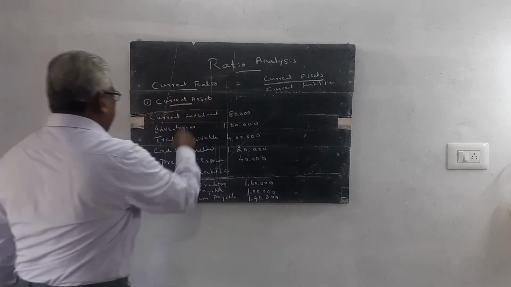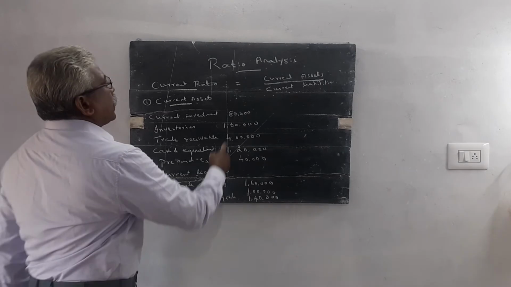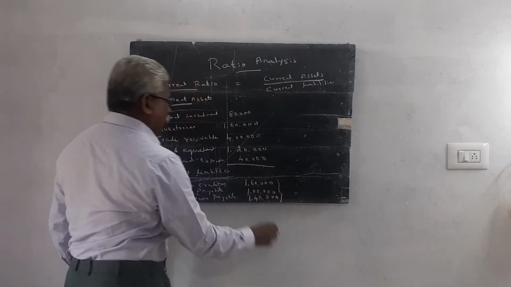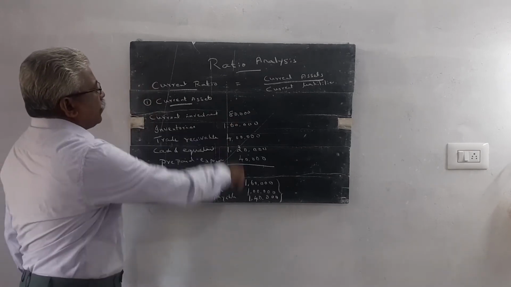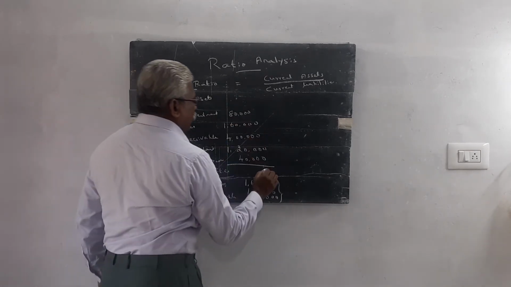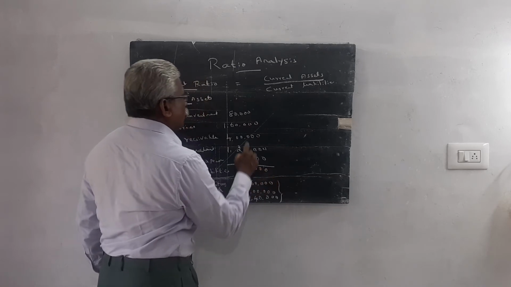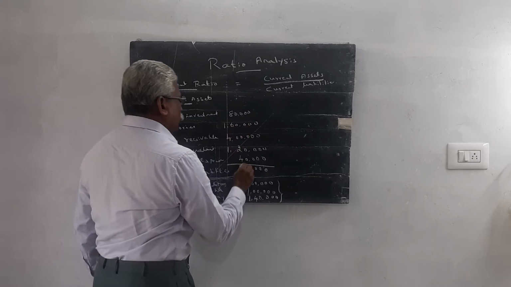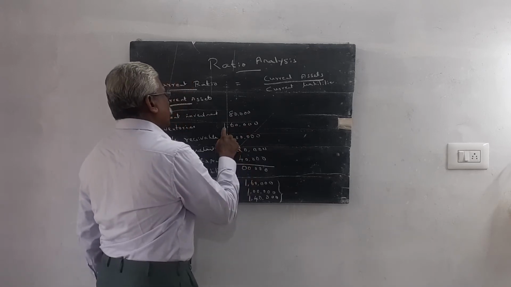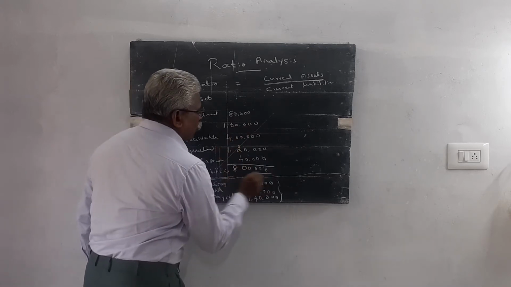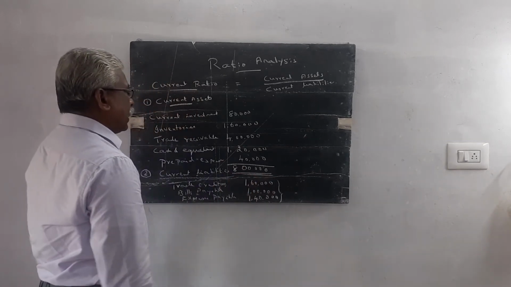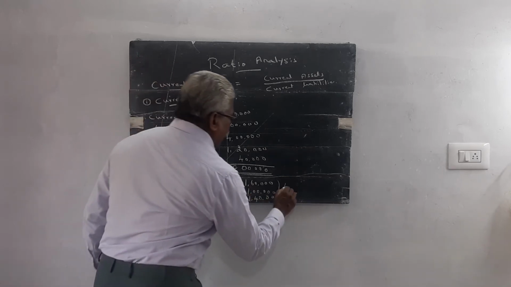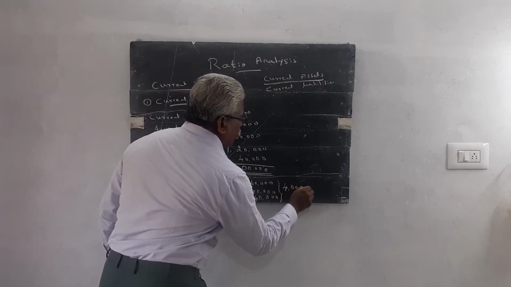If you total the current assets, we get 8 lakh rupees as the current asset. Current liabilities are 1,60,000, 2 lakh, 3 lakh, 4 lakh. Current liability is equal to 4 lakhs.